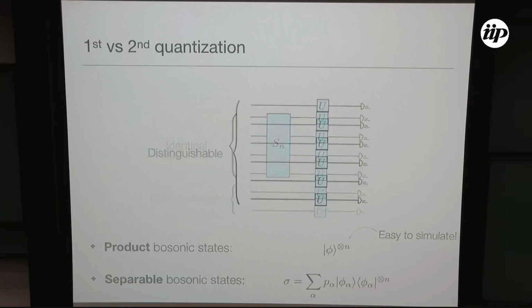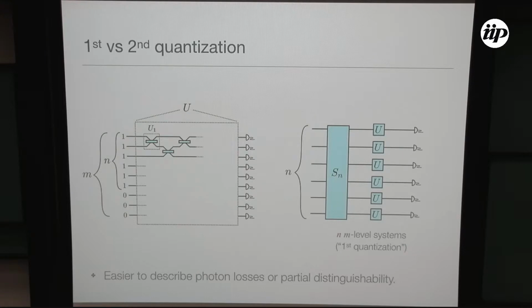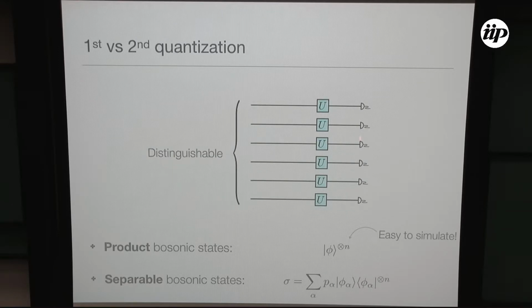In particular, if all your photons were distinguishable, this would just be a tensor product of single qubit states. So in some sense, in this picture, the computational power of boson sampling comes from the entanglement generated by the symmetrization procedure. If all your photons are distinguishable, this is classically simulatable.